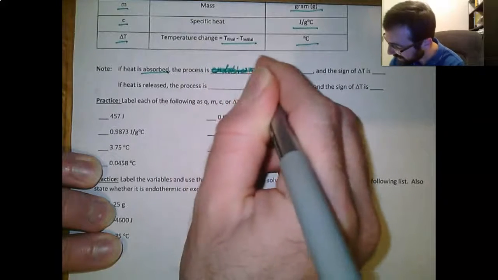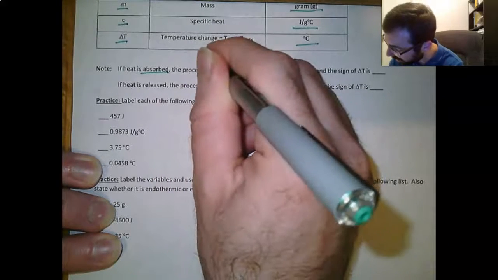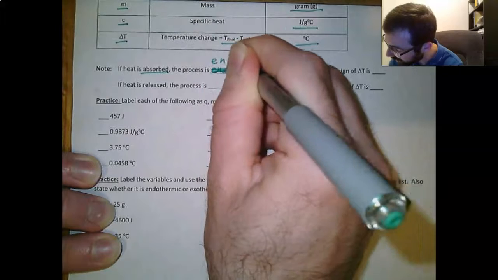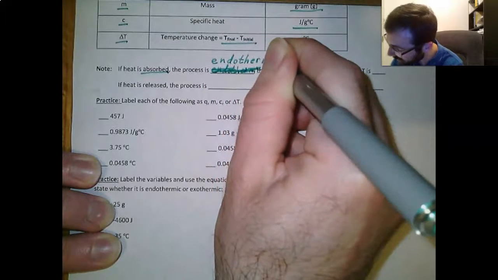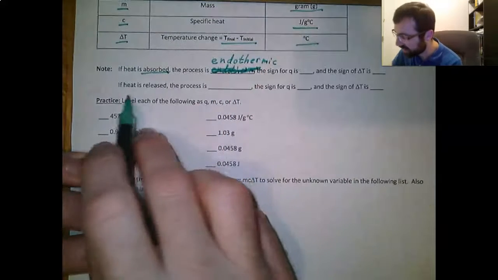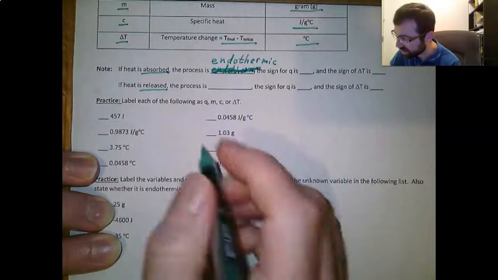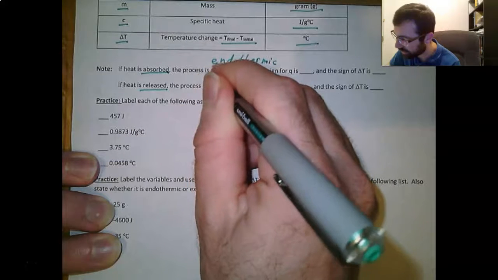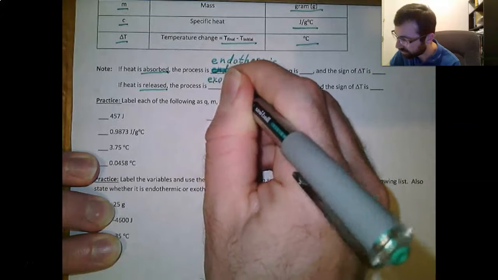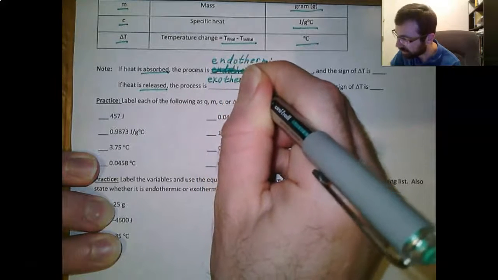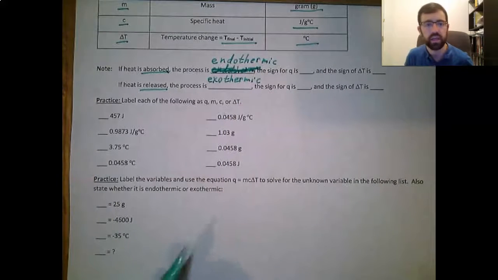Endothermic. If heat is released by the system, the process is called exothermic. If it's absorbed, it's endothermic. If it's released, it's exothermic.